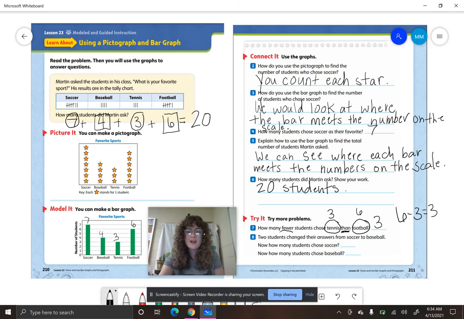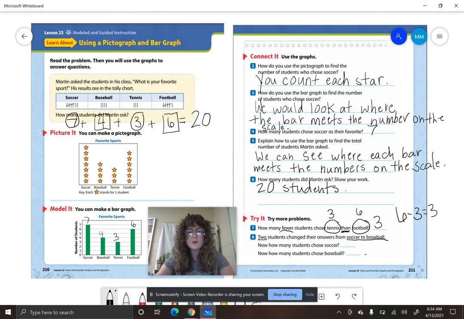All right, number 8, it says 2 students changed their answers from soccer to baseball. Now, how many students chose soccer? Okay, all right, so here, I'm going to read that again. 2 students changed their answer from soccer to baseball.